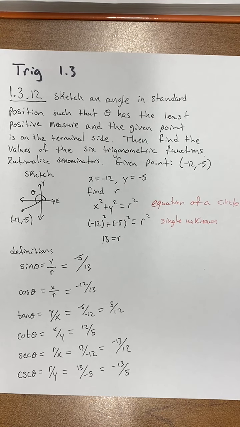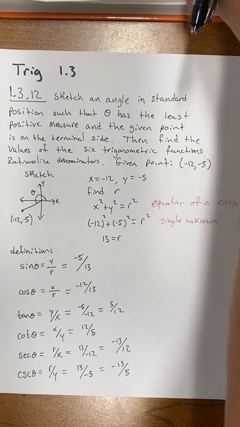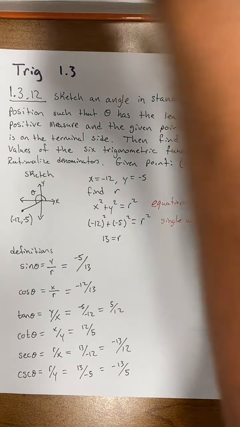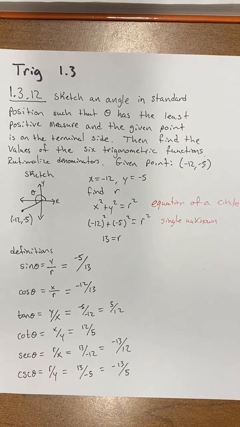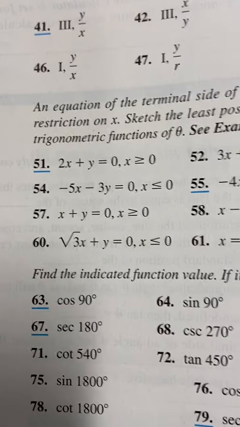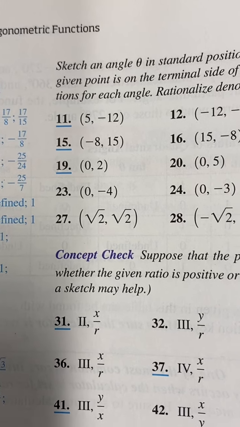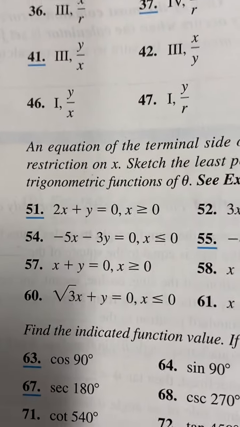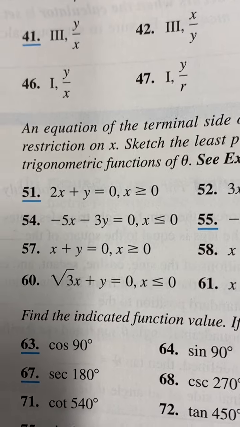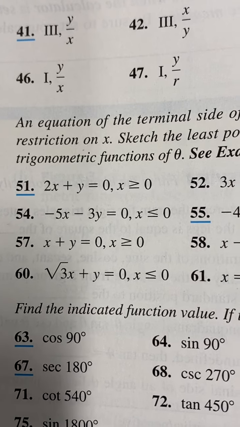What I want to mention real quick is in this homework section, which starts on page 28, questions starting at 51, the only difference between question 51 and question 11 is that in question 11 you are given the point, in 51 you are given a line and a condition on x, and you have to find a point.